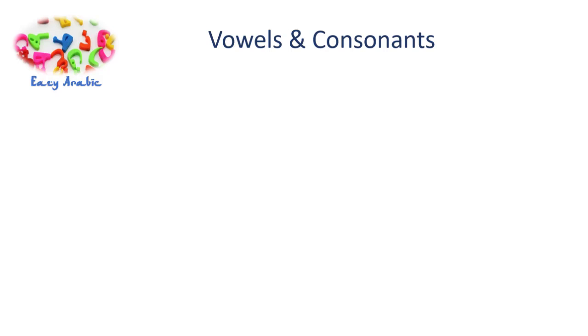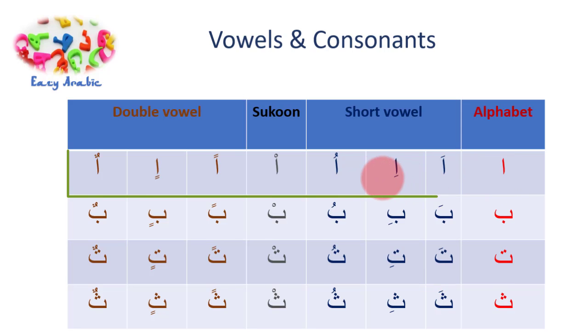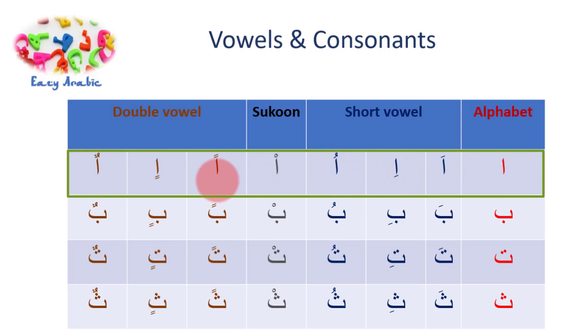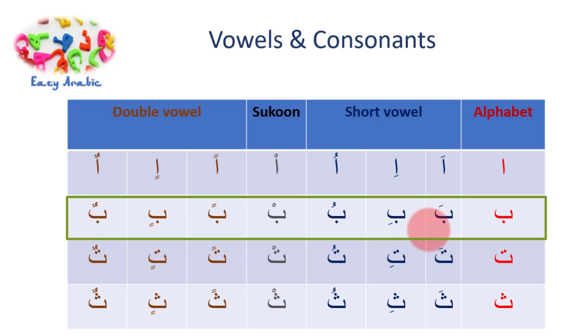Let us revise. Consider the first four alphabets with fatah, kasra, damma, sukun, fatah tanween, kasra tanween, and damma tanween. Alif: a, e, u, an, in, un. Ba: ba, bi, bu, b, ban, bin, bun.